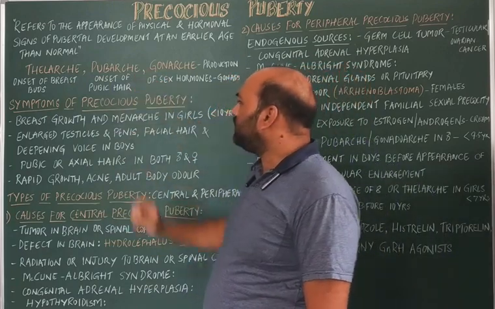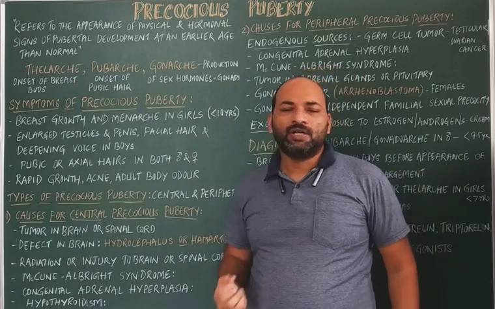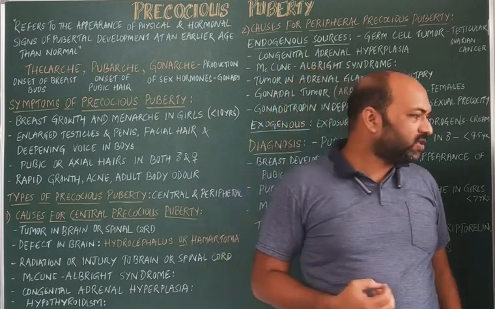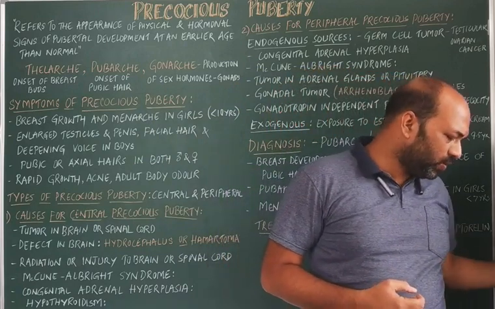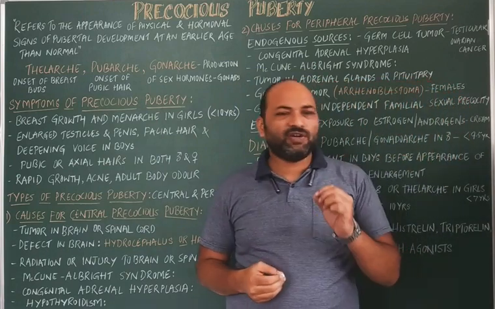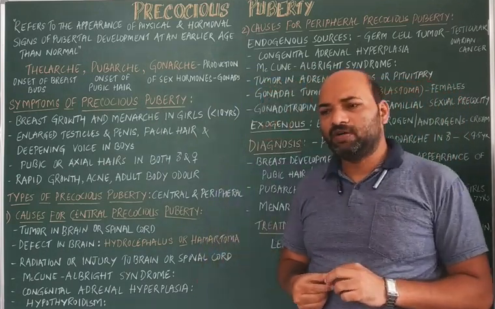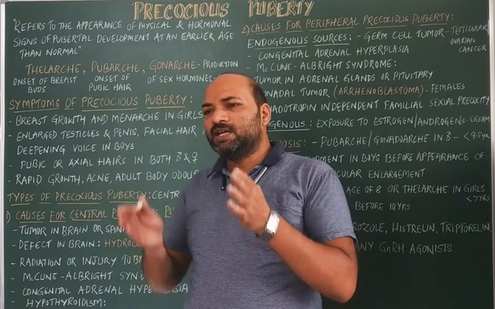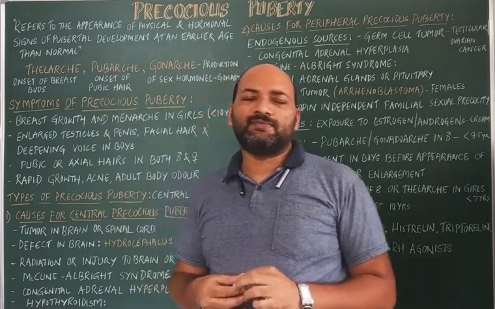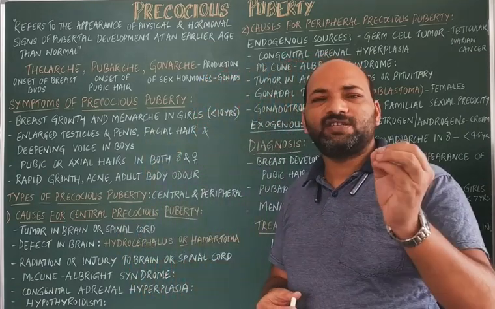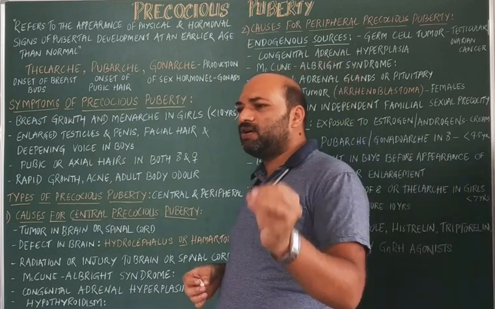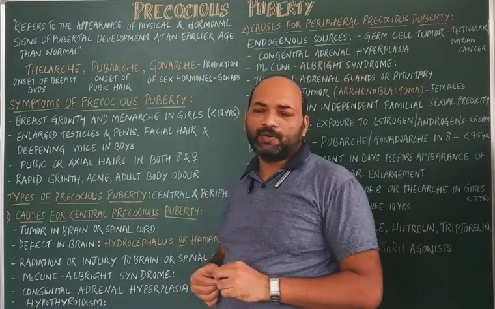Pubarche is the onset of pubic hair, which is the first manifestation of puberty, the first sign that the male or female has attained puberty.